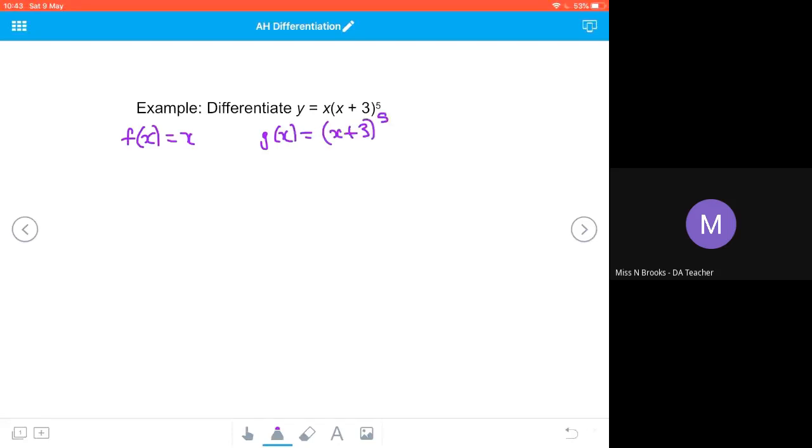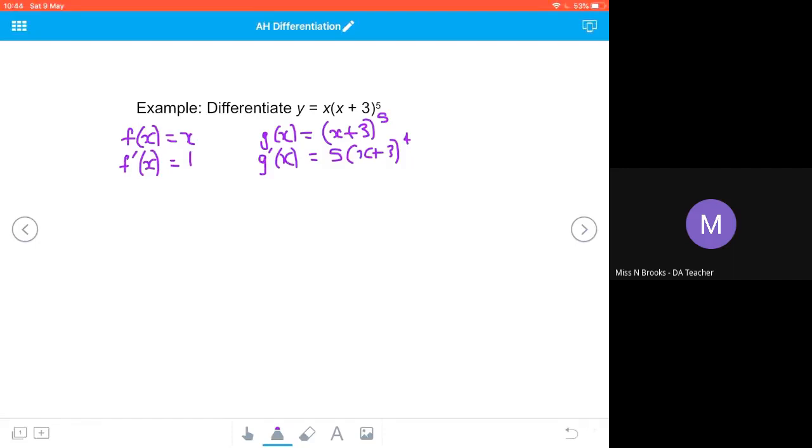Now we want to differentiate and find the derivative of f with respect to x, which is going to be 1, and the derivative of g with respect to x, which is going to be 5 multiplied by x plus 3 to the power of 4, and then I would need to differentiate the inside of that bracket, and that's going to just be 1. So I don't need to do any further working out for that.